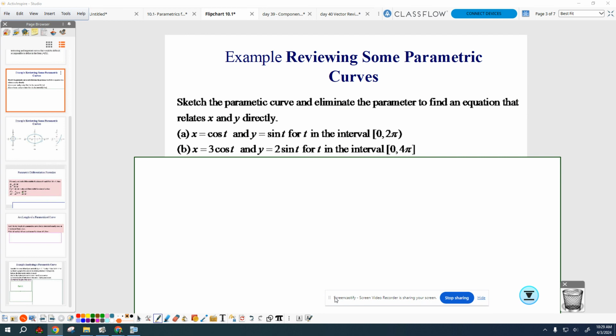Sketch the curve and eliminate the parameter. I don't know. If we were to sketch the curve, parametrics, we have time, x, and y.